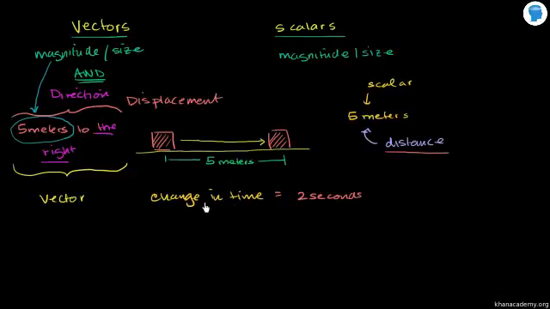So what's a measure of how fast this thing moved? We could say it moved 5 meters in 2 seconds. Let me write this down. It moved 5 meters per 2 seconds, or we could write this as 5 halves of a meter per second. 5 divided by 2 is 2.5 meters per second.